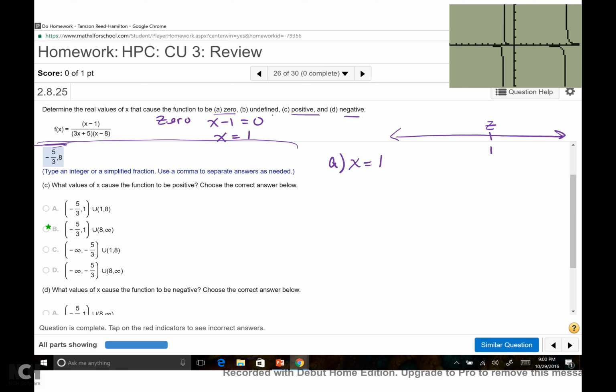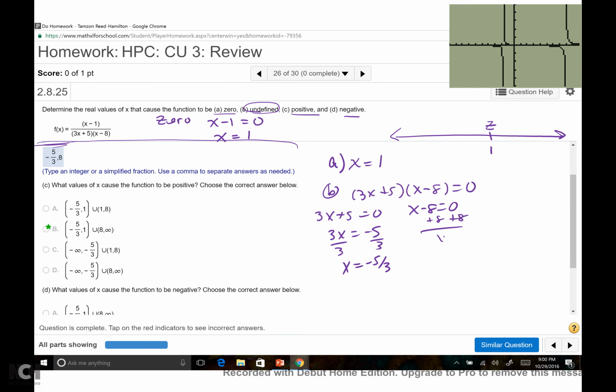So for A, the function is going to be 0 at x equals 1. For B, they want to know when it's undefined. It's going to be undefined when my denominator equals 0. So if I solve that, 3x plus 5 equals 0, x minus 8 equals 0, subtract 5, divide by 3, you get x equals negative 5/3, add 8, I get x equals 8.